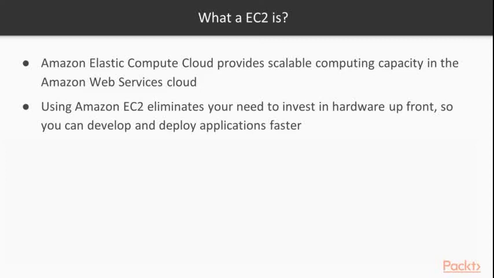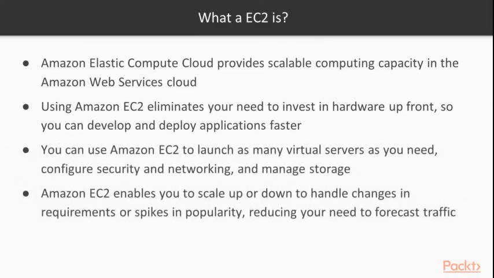We can use EC2 to launch as many or as few virtual servers as we need, and we can configure security, networking and manage storage. Also, EC2 enables us to scale up or down to handle changes in requirements or spikes in popularity, so it reduces our need, if we are building an application, to forecast the traffic of our website.